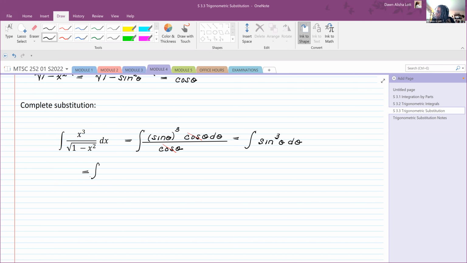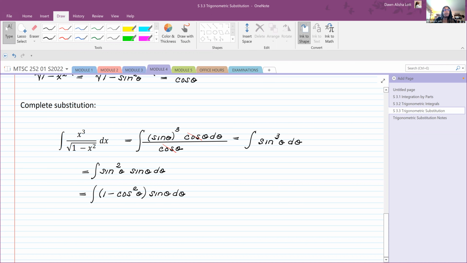Okay, almost. Sine squared theta times the sine of theta d theta. Now, we pulled one off. So when you pull one off, you have to convert the rest, right? So that means this sine squared has to become 1 minus cosine squared theta. And then I have the sine of theta d theta.